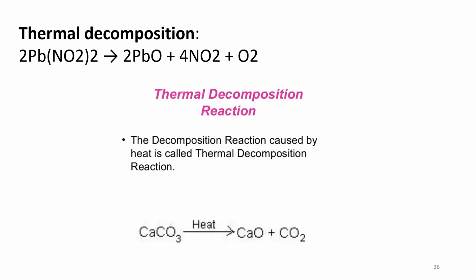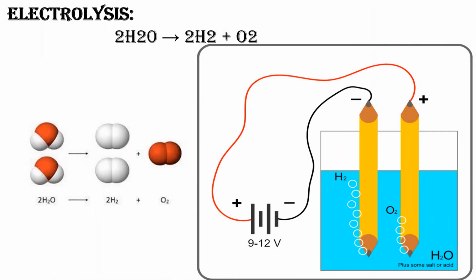Yes, let us discuss another type of chemical reaction that we learnt in the beginning, in the 6th standard itself. What is that? Electrolysis. Electrolysis is the process which helps us to know how many molecules of hydrogen and oxygen are present in water. For that purpose we carry out this electrolysis process.